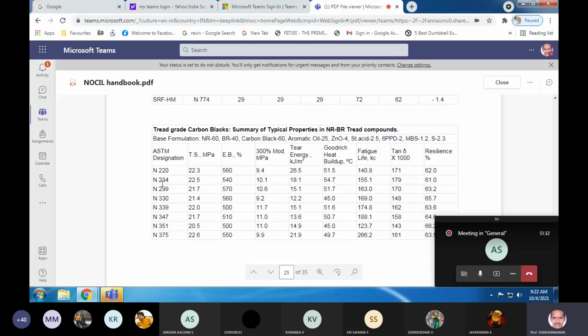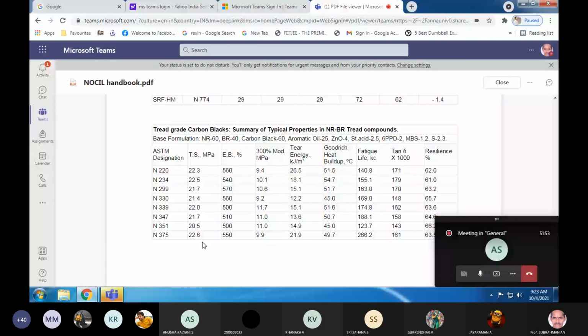N234 is a high structure ISAF. N339 is high structure HAF. N347, N351, N375. All these are high structure HAF.